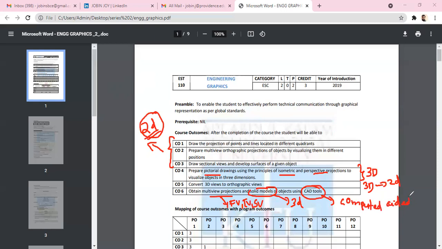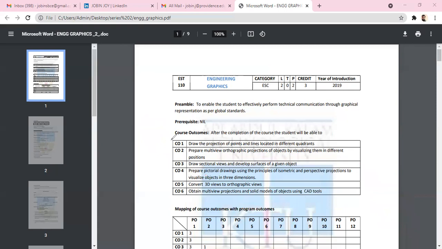So you are using a particular application in your computer, and you have to develop the 2D drawings as well as the 3D objects. That is called computer aided drafting.